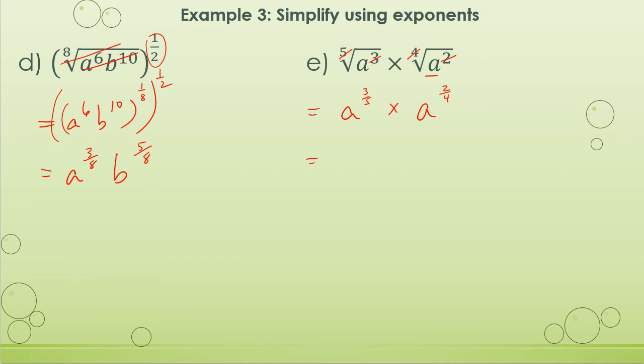When you multiply like bases, going back to the last lesson, what do you do to the exponents? You add them. So really this is a to the 3/5 plus 2/4, which really is 1/2. From there, find a common denominator, blah, blah, blah. You should get a to the 11 over 10.